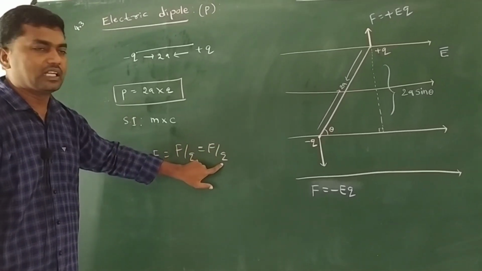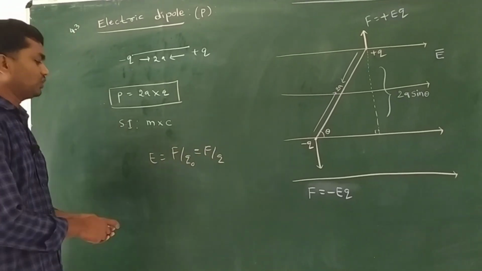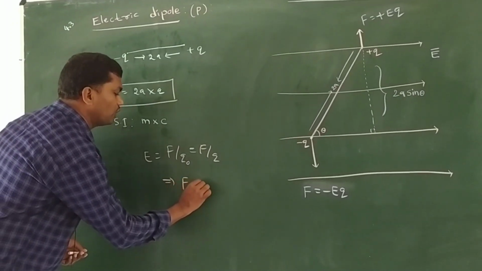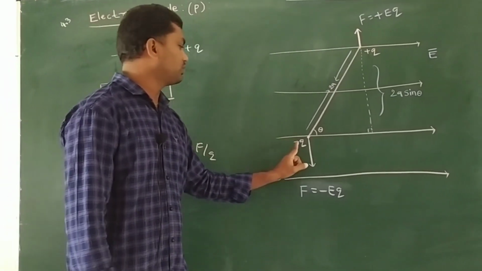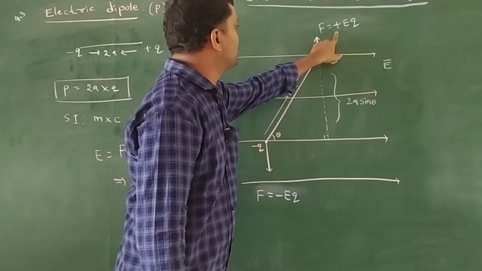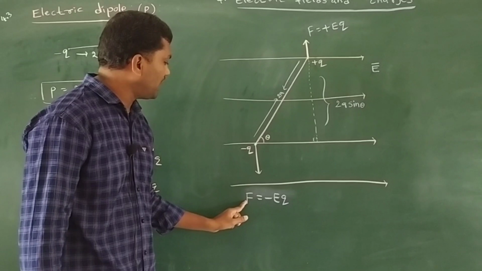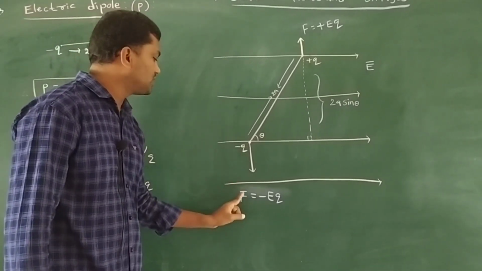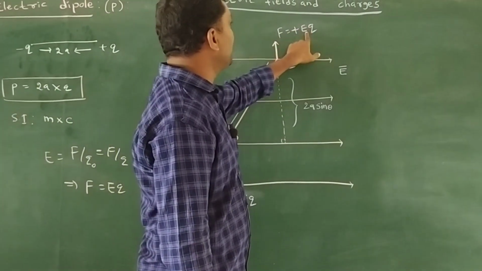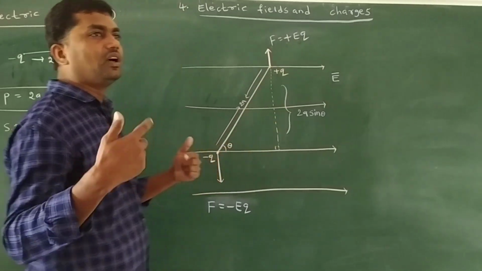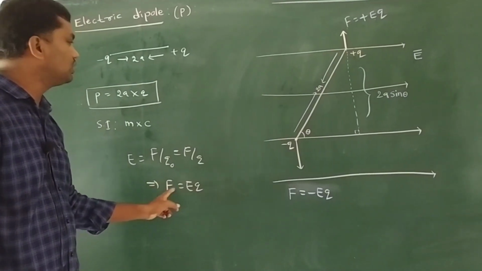Force per unit charge, or force per test charge, is called electric field intensity. So F is equal to Eq. In the same way, for the two charges minus q and plus q, the force acting on the plus q charge is F equal to plus Eq, and the force acting on the minus q charge is F equal to minus Eq.